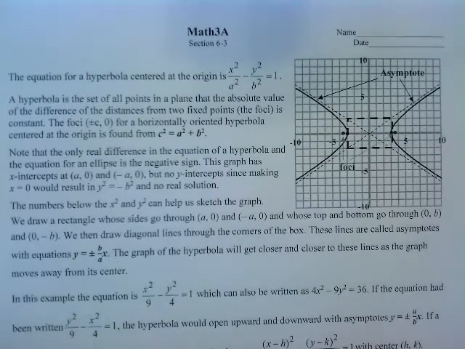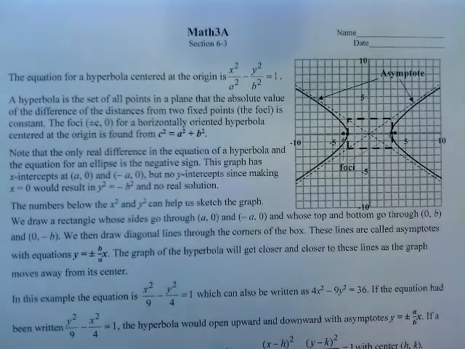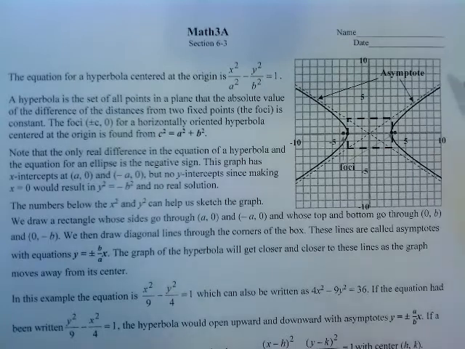The diagram you get for a hyperbola kind of looks like two parabolas back to back. In this case, we have one that's opening to the right and the other one is opening to the left.